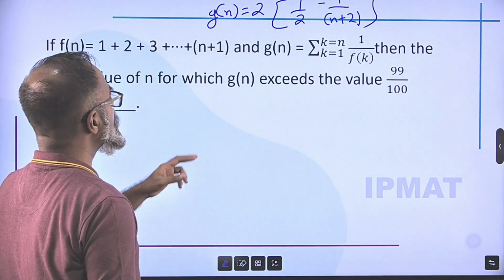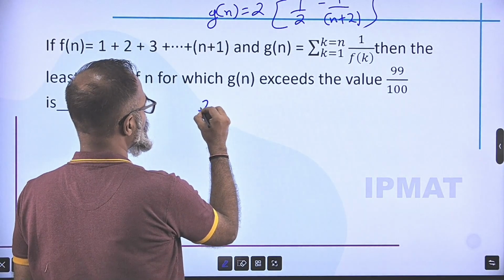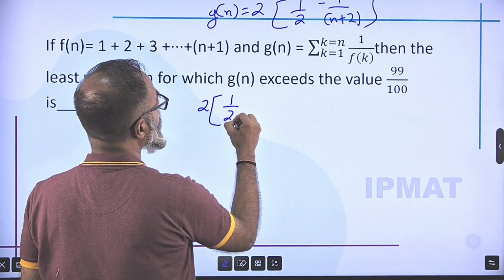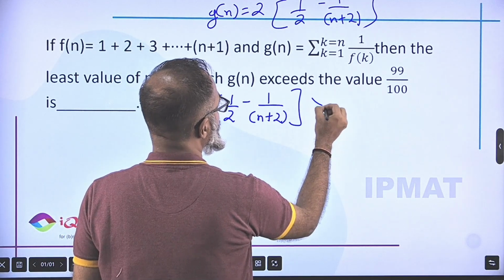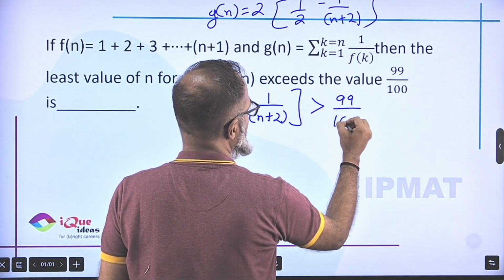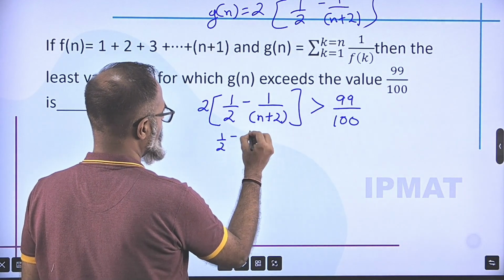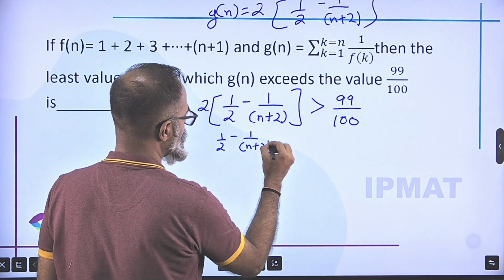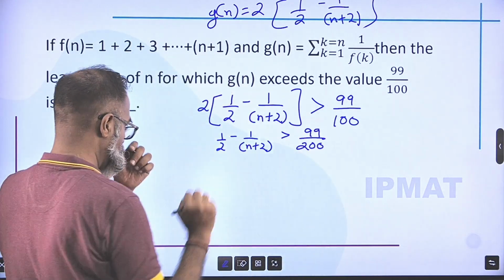Okay, so for which n does g of n exceed 99 upon 100? So 2 times 1 upon 2 minus 1 upon n plus 2 should exceed 99 by 100. That means 1 upon 2 minus 1 upon n plus 2 should exceed 99 by 200, taking 2 to the opposite side.